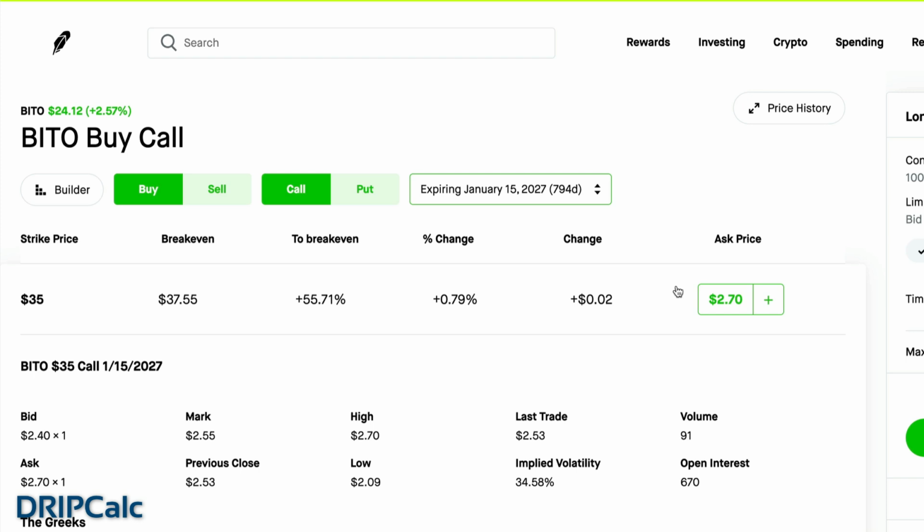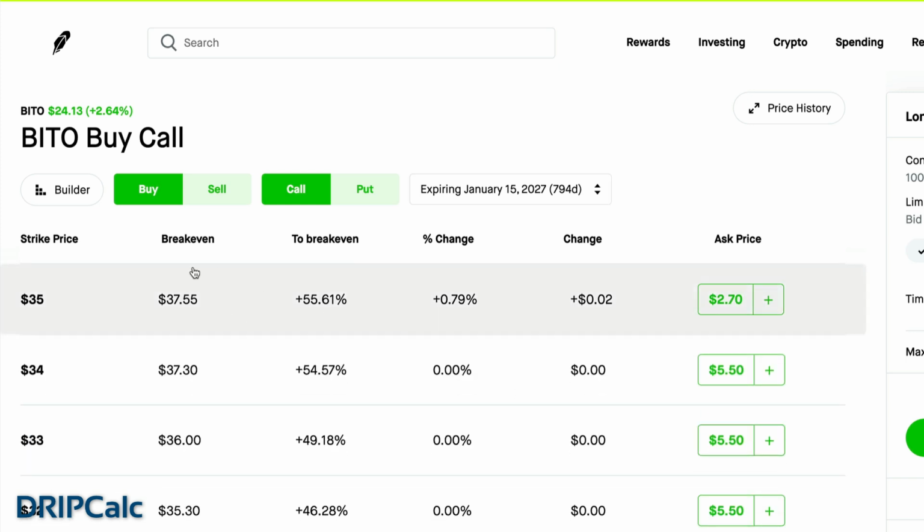Why 42? Because that's the original purchase price of my BITO, and I don't want to sell it below that. So if I have to sell it, I want to collect a little bit more money. But basically, you can collect 10%, 15%, or 13% right now, and lock in for 2 years, which is what I don't like.